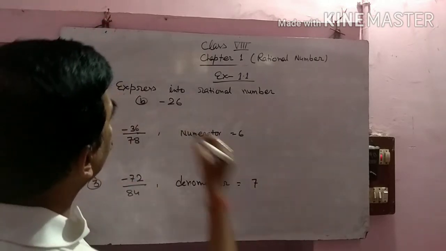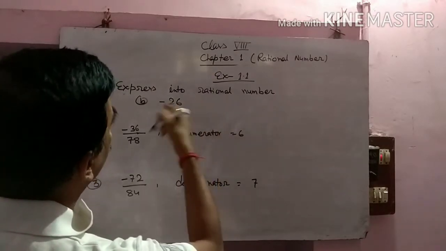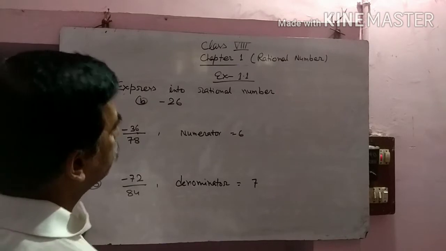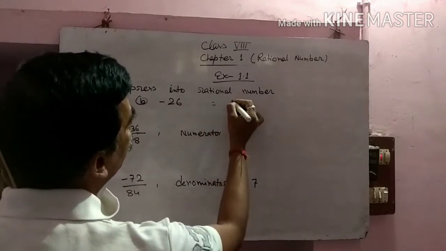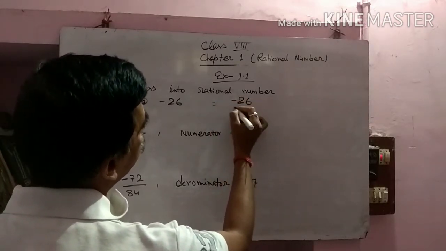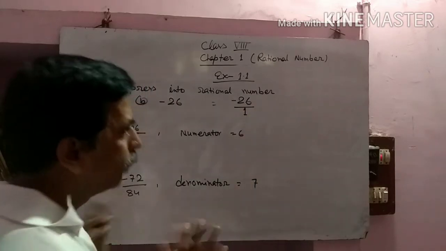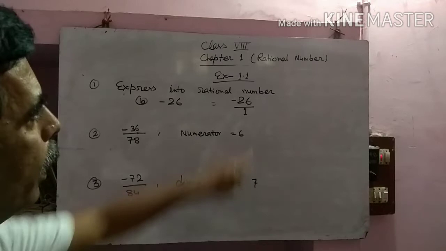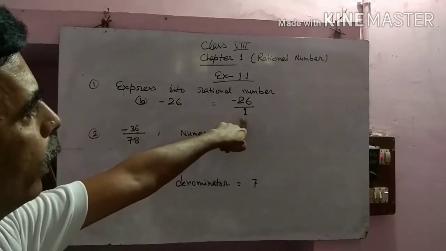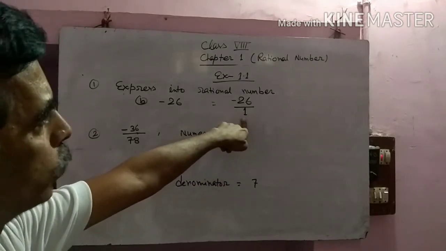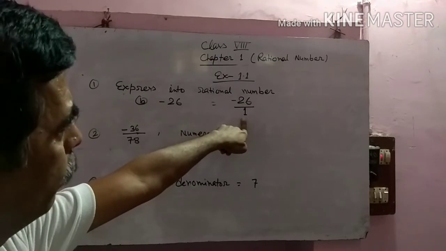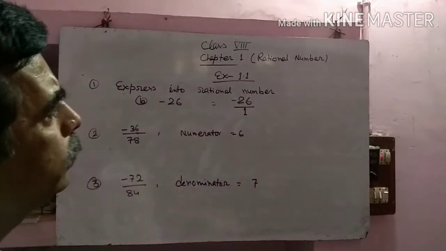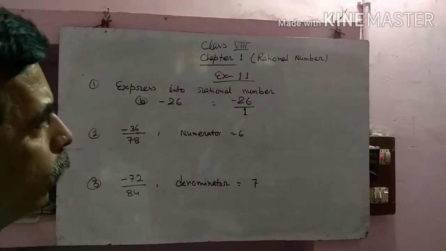In that case, to express the number minus 26 as a rational number, we write minus 26 by 1. So the value remains the same by placing 1 in the place of the denominator, and it becomes the form p by q, where q is not equal to 0.